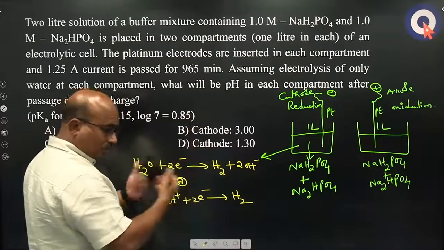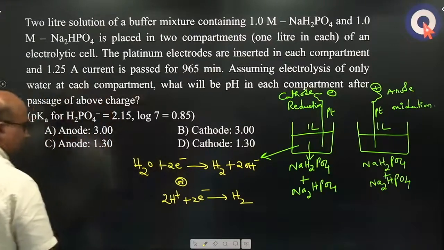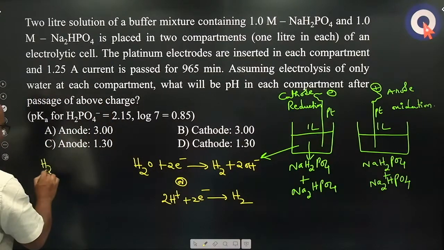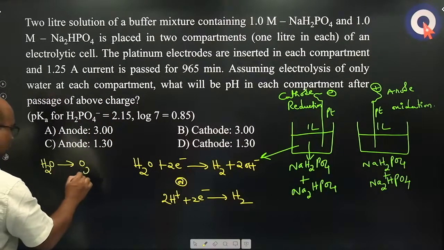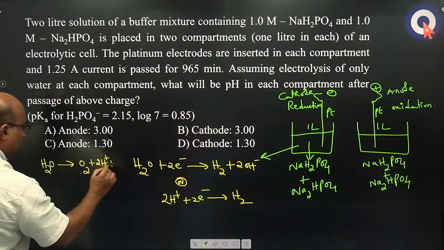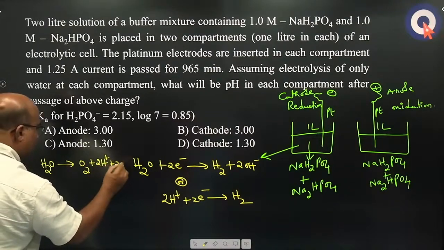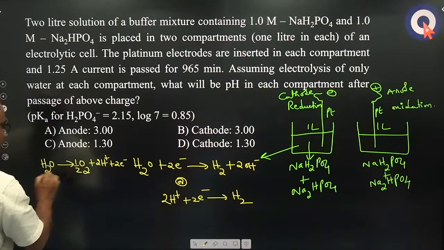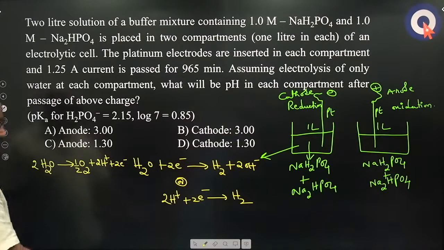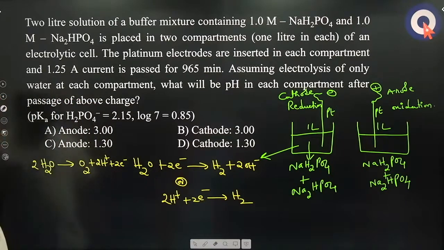Oxidation will be the reverse. So water oxidizes. So water oxidizes, what will it give? Then it will give O2 plus H plus 2 electrons. You write 4H plus, otherwise 2H plus 2 electrons, then it is half O2. Okay, done. Let us see this. Clear?